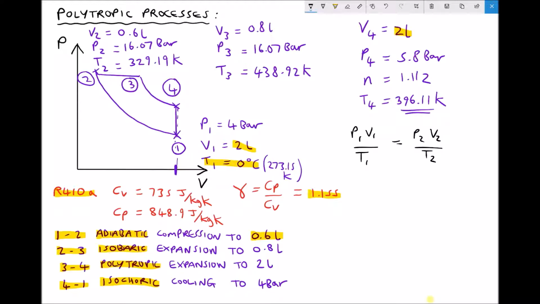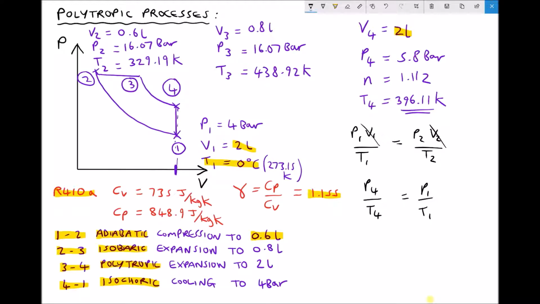Now, going from position 4 to 1, what we have is isochoric cooling, or constant volume cooling. So what we can actually do, if the volumes remain constant, is remove V1 and V2. Also, because we're working between position 4 and position 1, what we're actually saying is that P4 over T4 equals P1 over T1, so that we're relating that to our diagram.